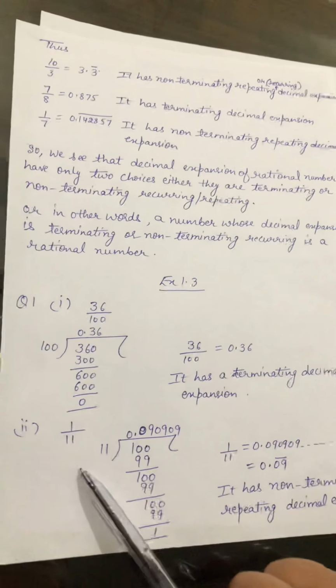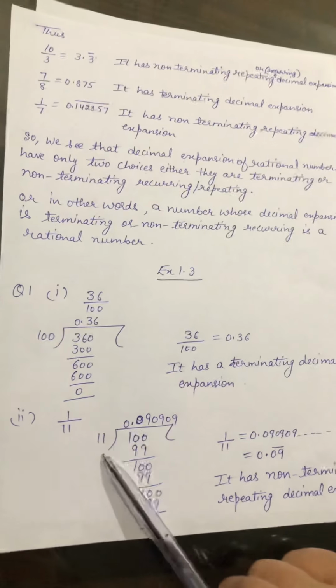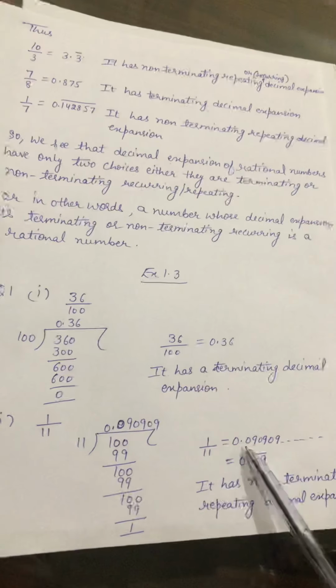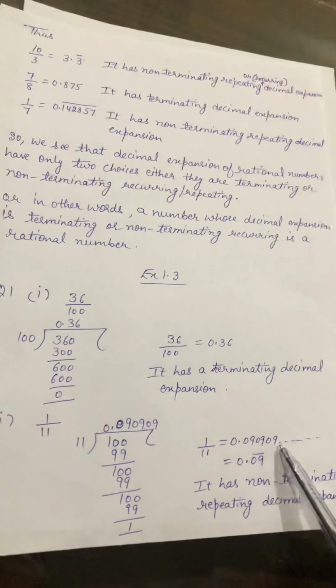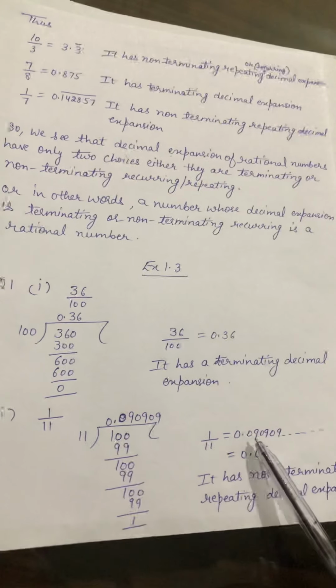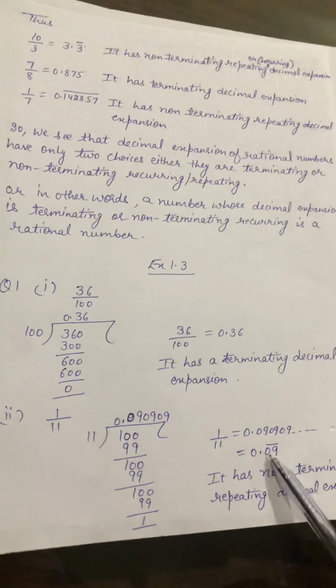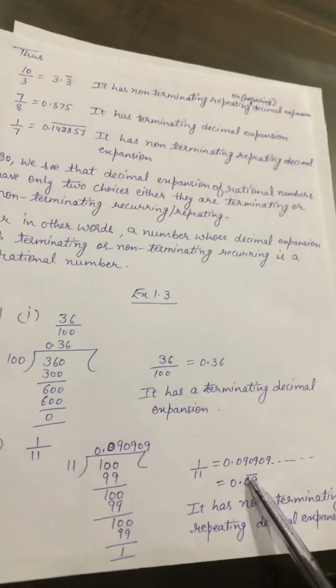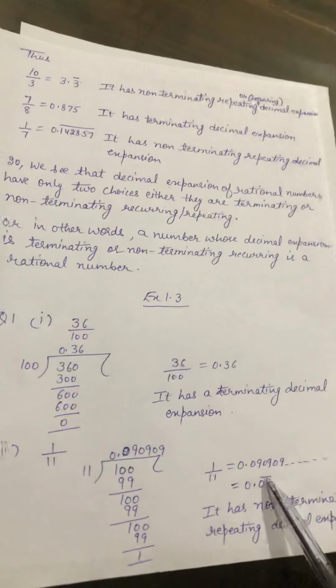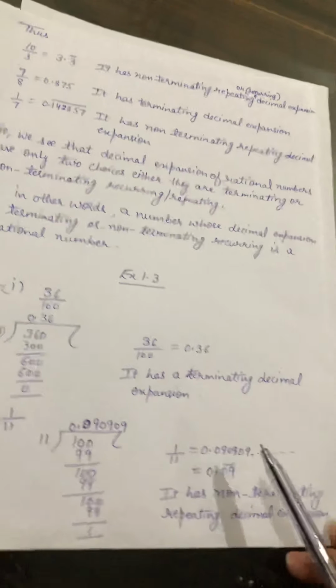Second part is 1 by 11. When we divide 1 by 11, we get remainder 1 and quotient 0.090909. Which number is repeating? 09 is repeating again and again. So we put a bar on 09, 0.09 bar. This bar represents repetition of certain numbers.